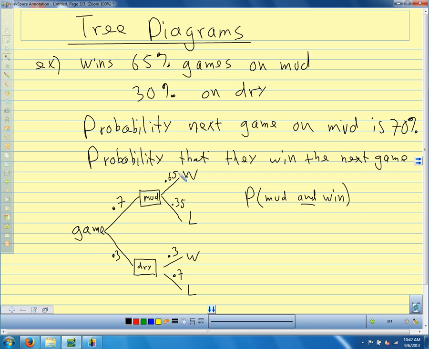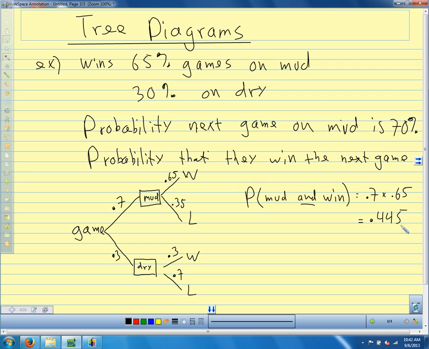We multiply along the branches. So probability of mud and win is 0.7 times 0.65. We multiply that out, and this gives me 0.445.